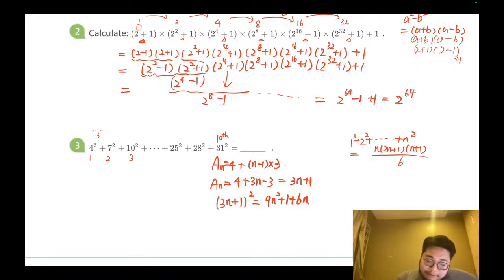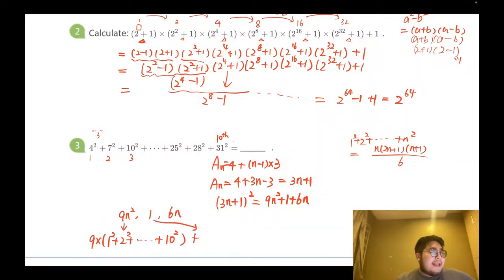I need to calculate the sum of 9n squared, the sum of 1, and the sum of 6n. For 9n squared, it is 9 times (1 squared plus 2 squared plus and so on up to 10 squared). For the 1, how many 1s do we have? We have 10 numbers, so plus 10. And after that, 6n is 6 times (1 plus 2 plus 3 up to 10). So the formula is like that.